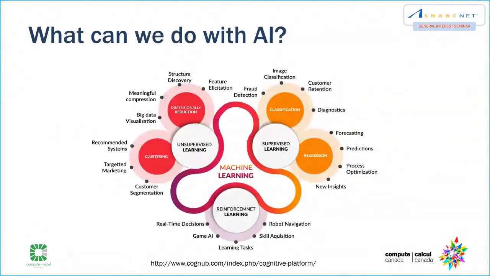Then, what can we do with AI or deep learning? This beautiful schematic diagram was actually taken from a website I read. And as you see, there are a bunch of different applications these days. From image classification to game AI, many of them are trying to use this concept to increase their performance and accuracy.